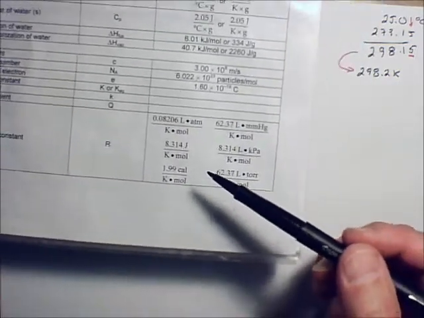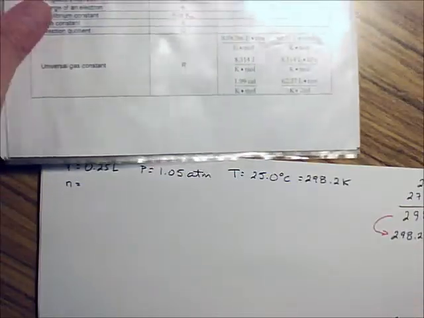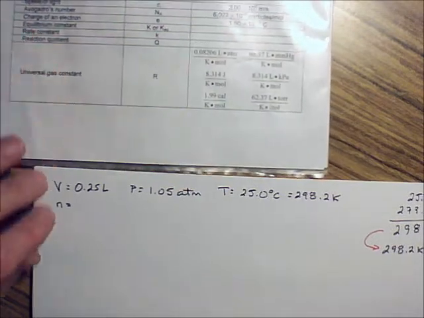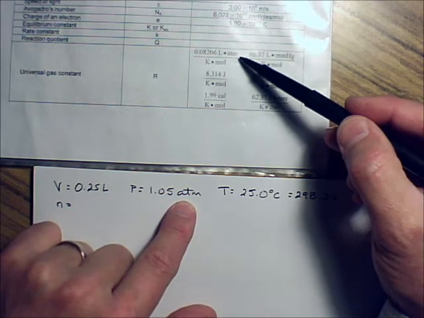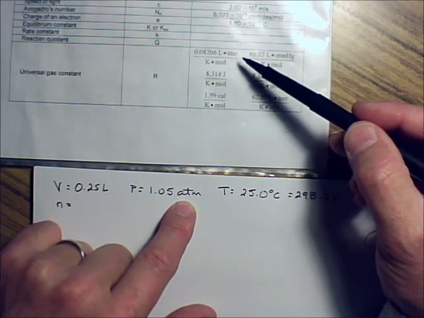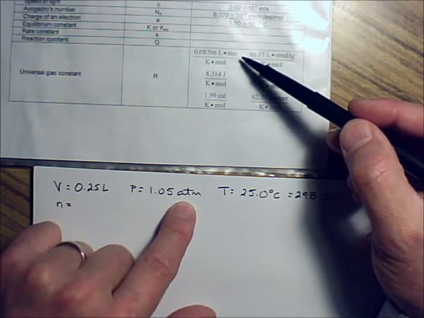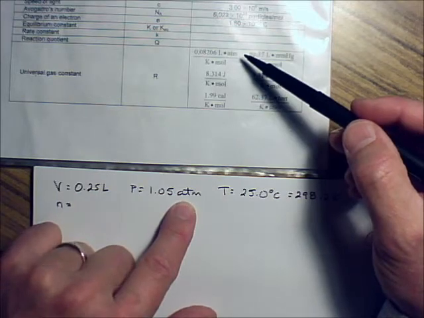R is the ideal gas constant, and that's on the front page of your test references. All we have to do is match the version of R we need for these variables. I've got atmospheres here, and this is the only version of R that has atmospheres in it, so that is the only R we can use for this calculation.